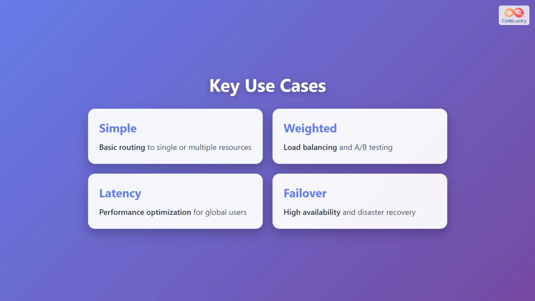Let's summarize the key use cases for each routing policy. Simple routing is best for basic scenarios where you need straightforward routing to a single resource or a simple set of resources. Weighted routing excels at load balancing traffic across multiple servers and is ideal for A/B testing when you want to compare different versions of your application.